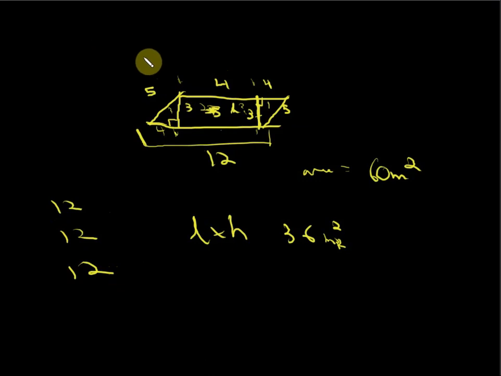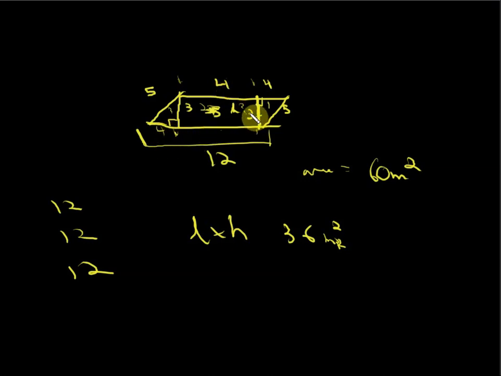Hold on, something's... It's 36. So this is right, 4 times 3 is 12. So this is 4, 4, 4.